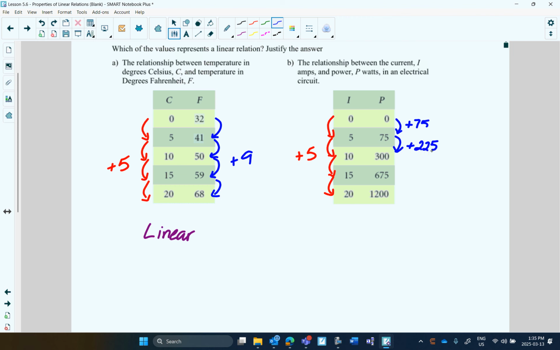I don't have to go any further. It's not linear. It can't be. So that's telling if a relation given in table format is linear.